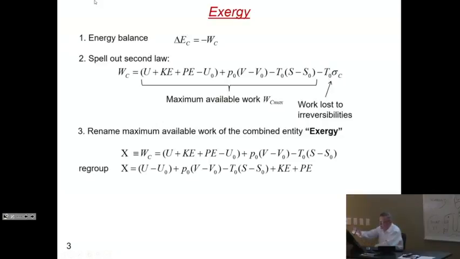This maximum, you can rename to be the exergy. And you can regroup it as changes in internal energy minus that of the surroundings, which is the major macroscopic control volume. Volume here, entropy here, kinetic and potential energy.